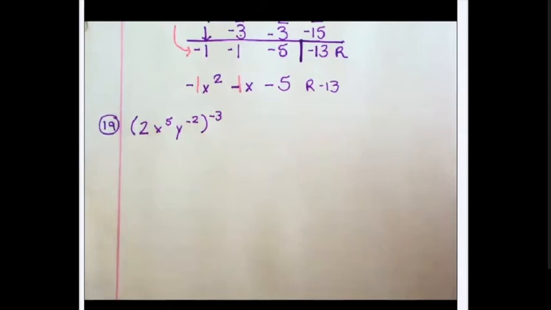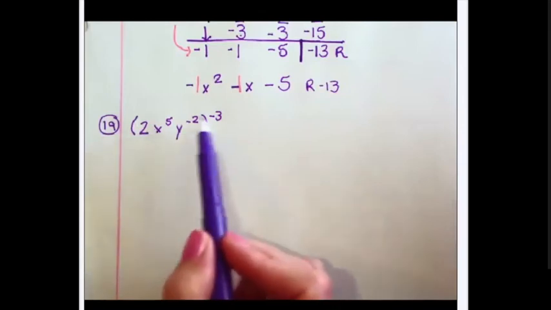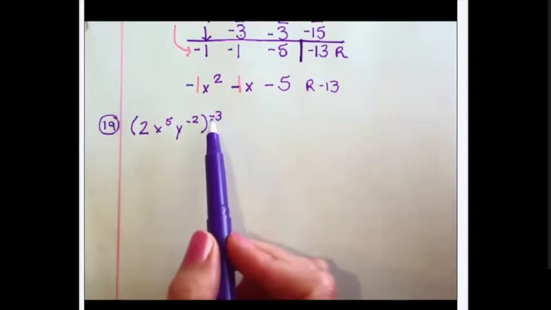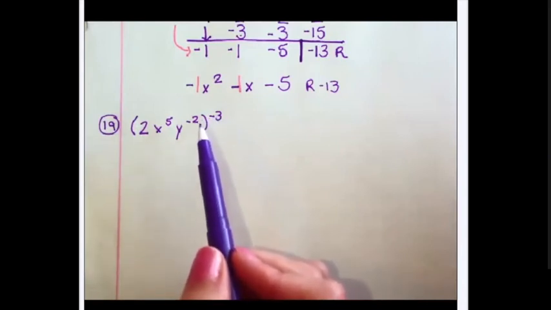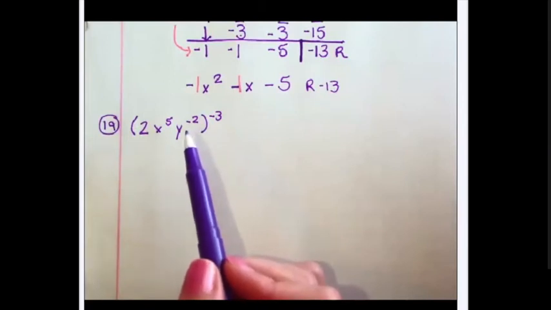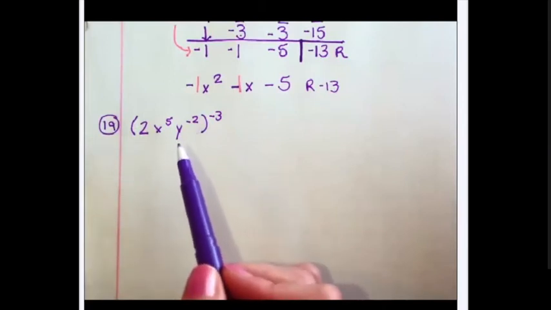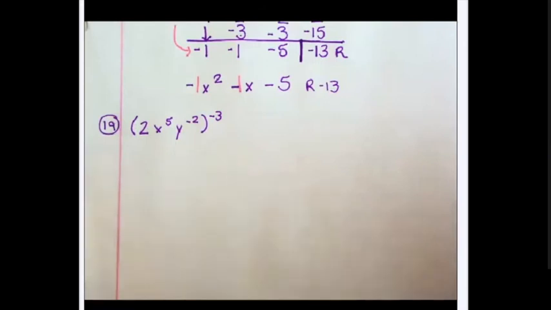We can move everything to the bottom of the fraction so that we can make that negative 3 a positive 3 and we can deal with it from there, or we can go ahead and raise everything inside here to the negative 3. I kind of like moving it to the bottom first, just so I don't have to deal with that negative and possibly some extra fractions. So I'm going to do it that way, but if you don't like it, you let me know.